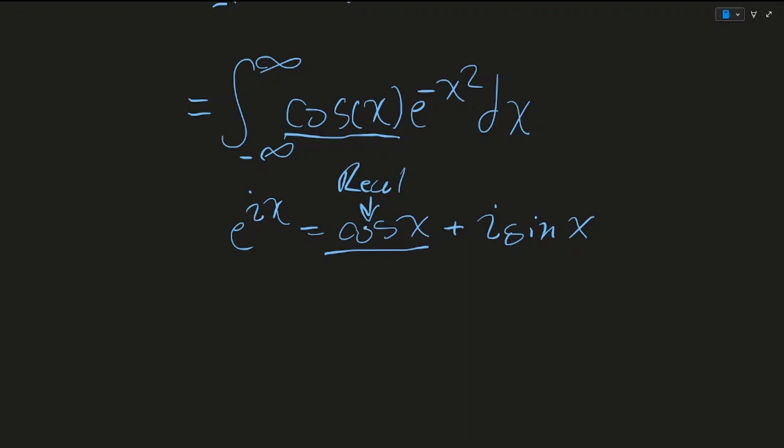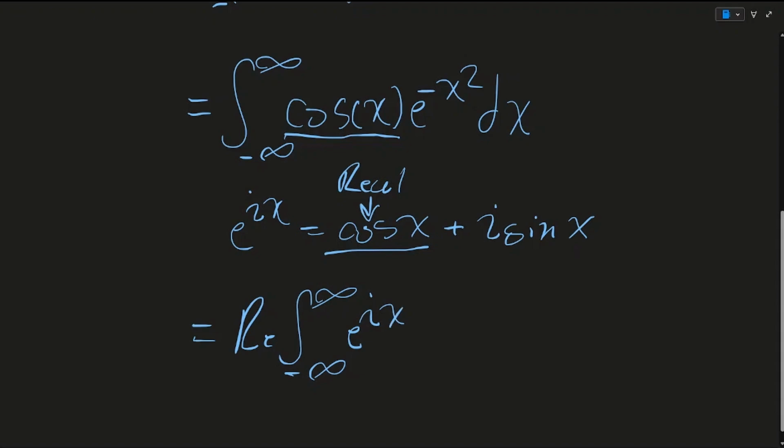And so what we can now go ahead and do is replace cosine of x with the real part, the real operator we can actually take out of the integral, the real part of e to the ix times e to the negative x squared dx.